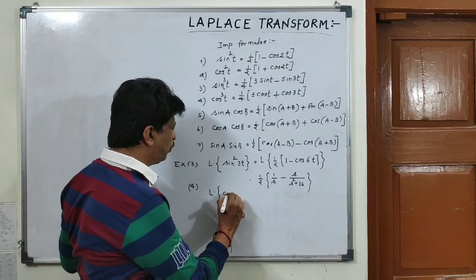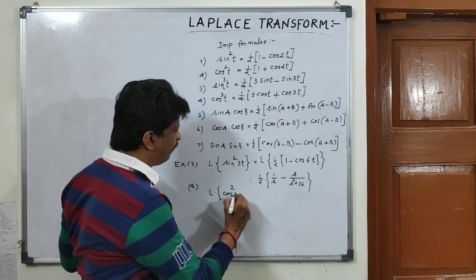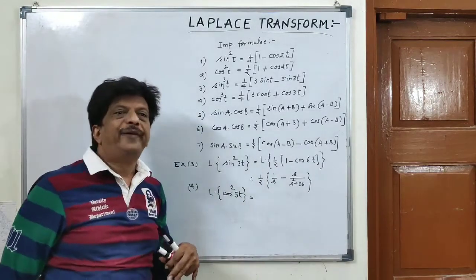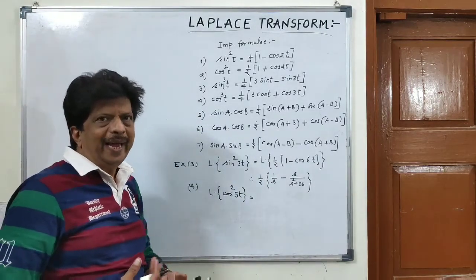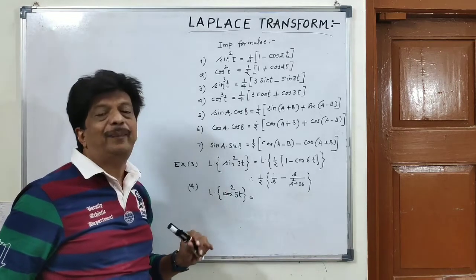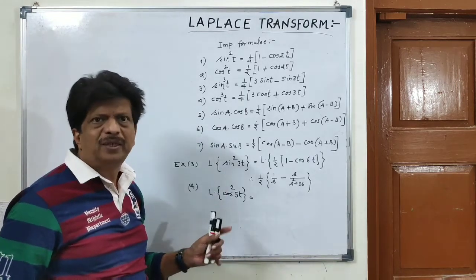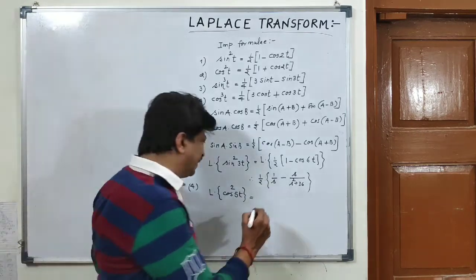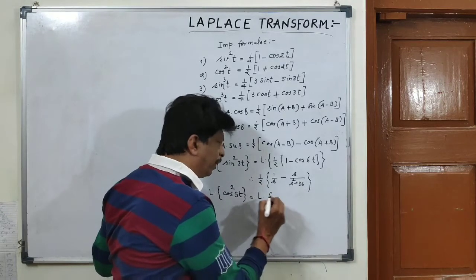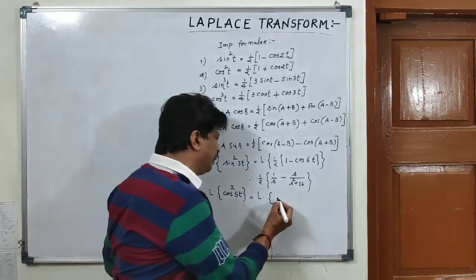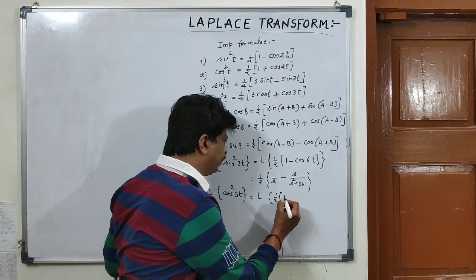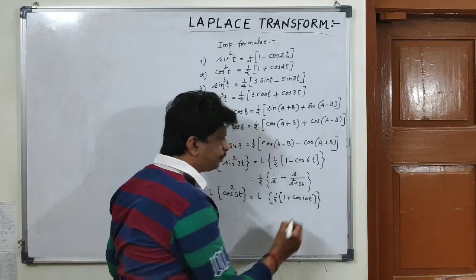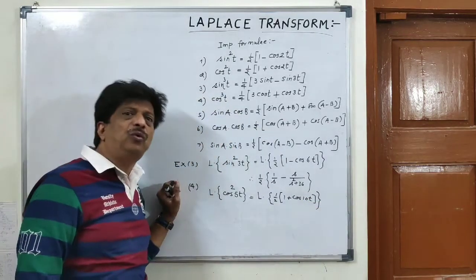Laplace transform of cos square of say 5t. Again, we cannot directly find it, there is no formula for Laplace transform of cos square function. Perhaps we can express cos square 5t as half of 1 plus cos 10t, whose Laplace transform we know.